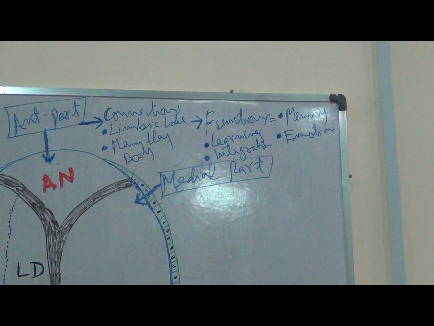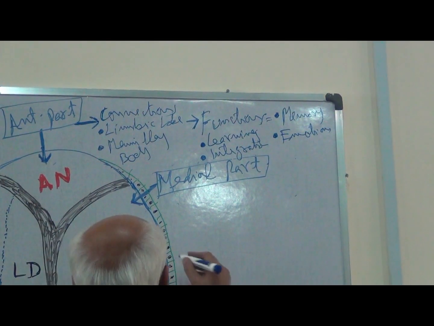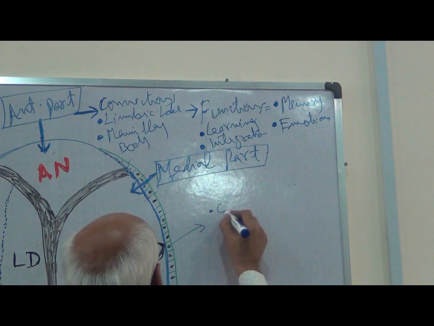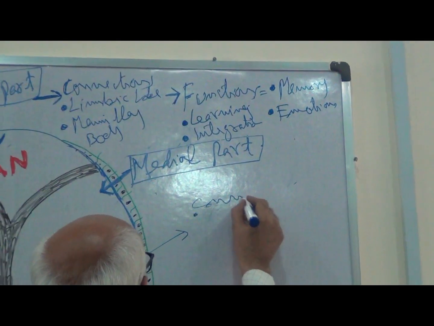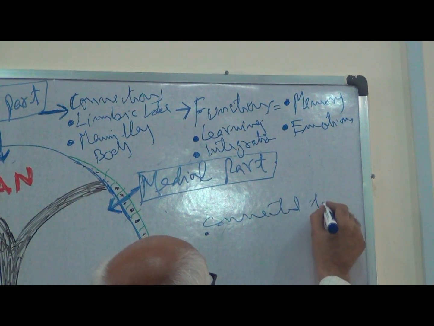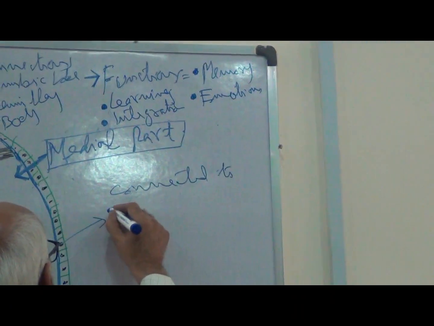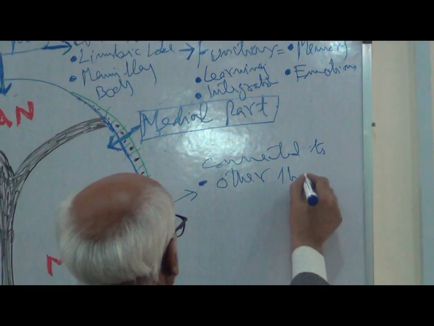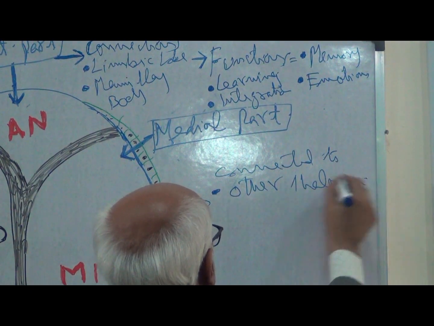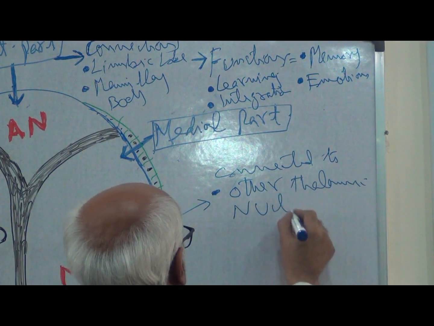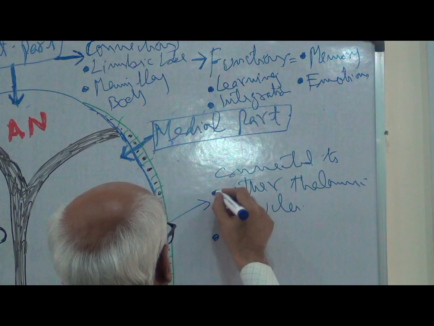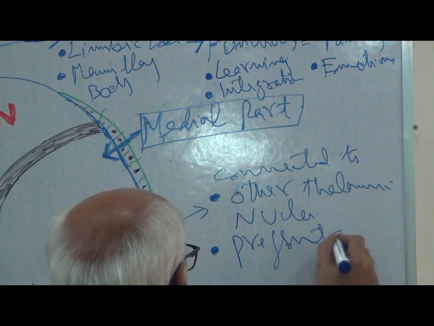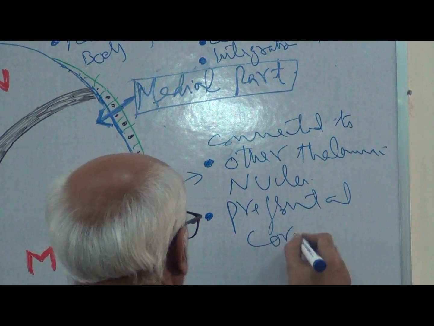Then the medial nucleus. It is connected to other thalamic nuclei. Also connected to the prefrontal cortex of the cerebral hemisphere.